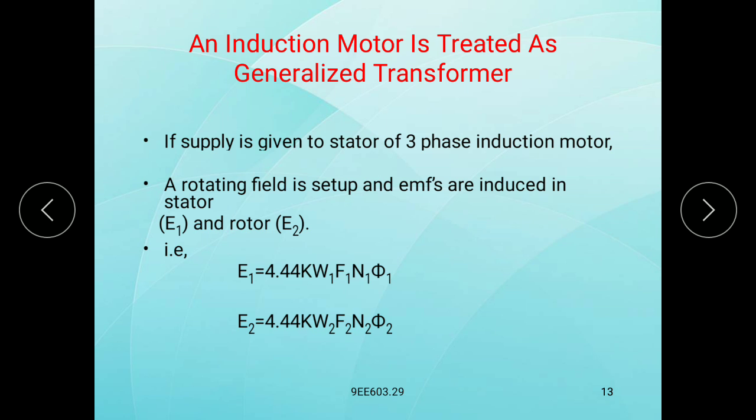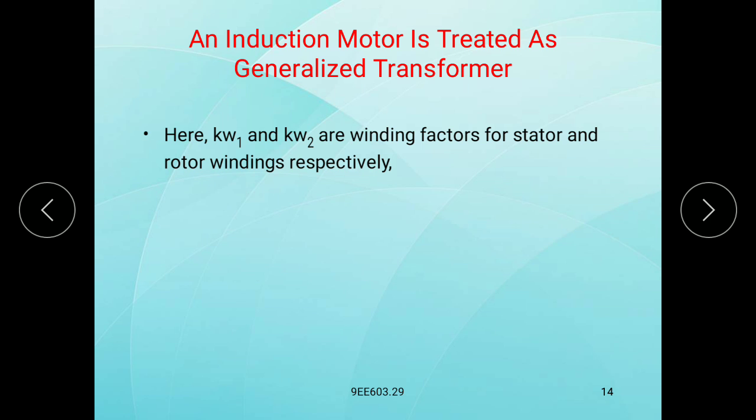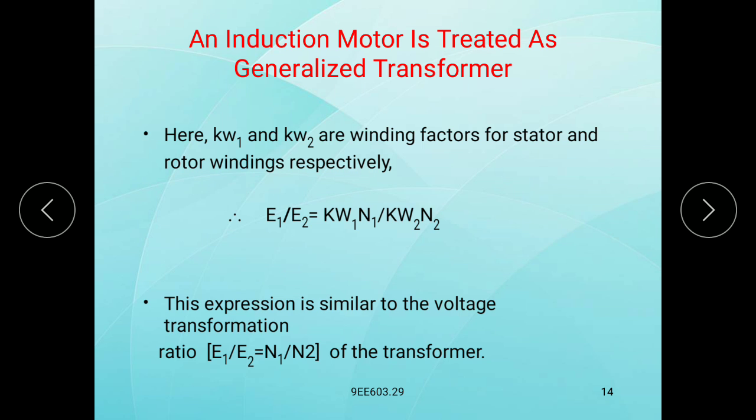E2 is equal to 4.44 Kw2 f2 N2 phi2. Here Kw1 and Kw2 are winding factors for stator and rotor windings respectively. E1 by E2 is equal to Kw1 N1 by Kw2 N2.